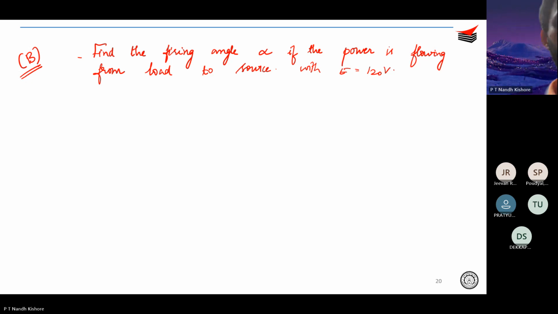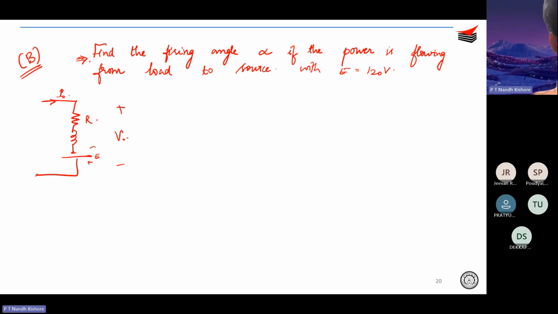And the circuit undergoes a slight modification. The polarity for E is reversed. So this is V naught. This is E. And the convention of current is still the same.